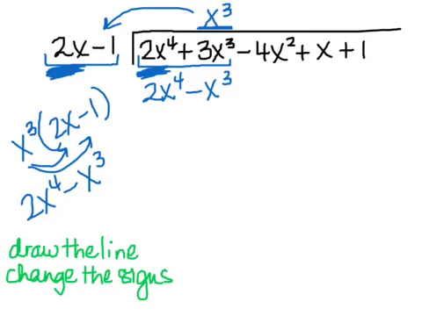The next step in the process was subtracting. But subtracting is the same as adding the opposite, as we've seen before. So rather than writing a subtraction sign, the subtraction will apply to everything. You're going to add the opposite, and what I call this is draw the line, change the signs. I have the little saying down at the bottom here: draw the line, change the sign.